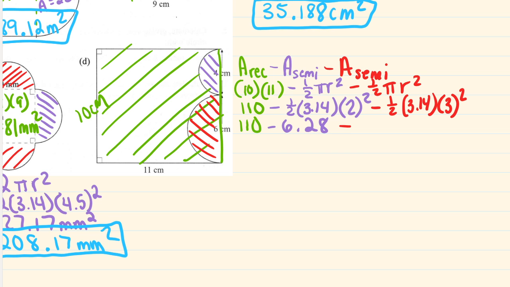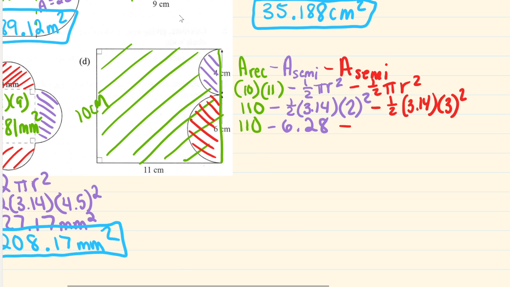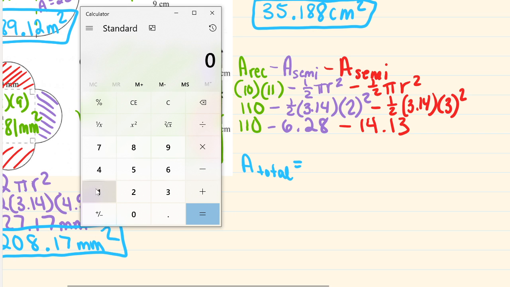Minus, next part is 0.5 times 3.14 times 3 times 3, which is 14.13. So our total area is 110 minus 6.28 minus 14.13.